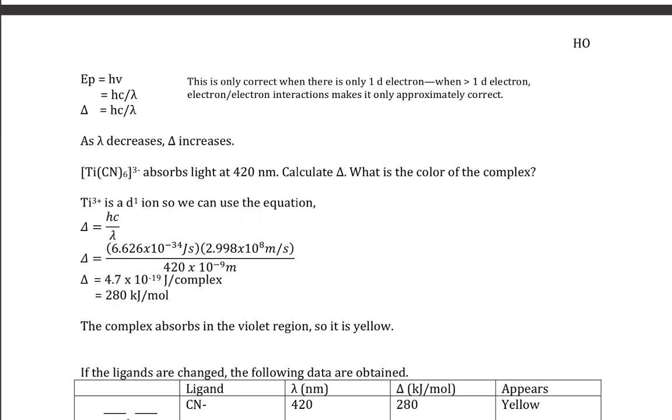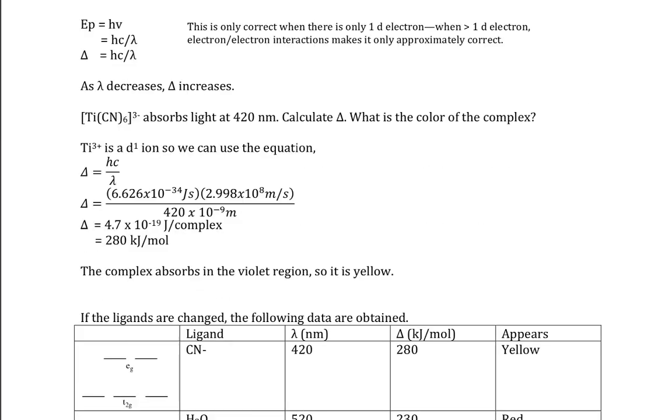Alrighty, so you recall from when you worked with light that the energy of a photon is equal to h nu, where nu is the frequency, or the energy of the photon is equal to hc over lambda, where lambda is the wavelength of the photon. Now, it's photons of light that are being absorbed, causing the electron to move from the lower energy t2g state to the higher energy eg state.